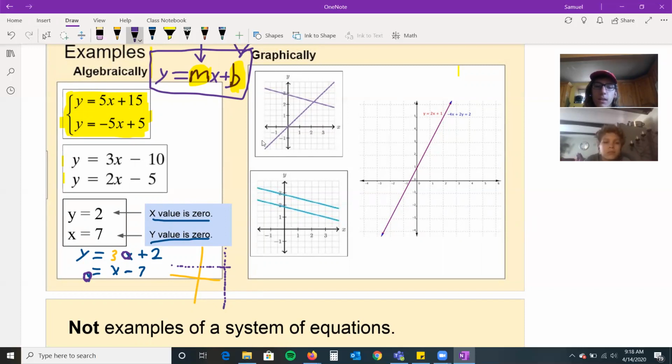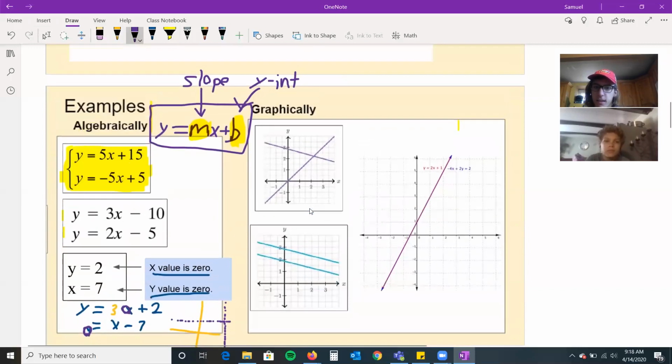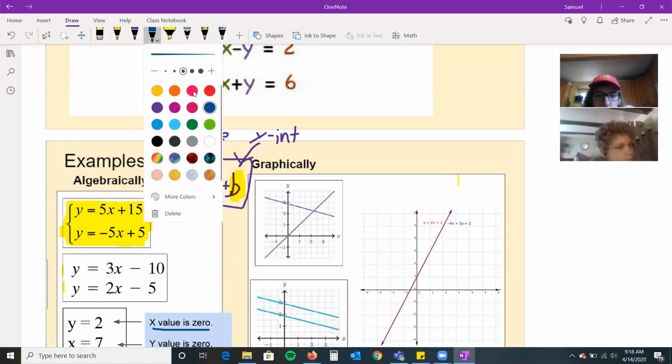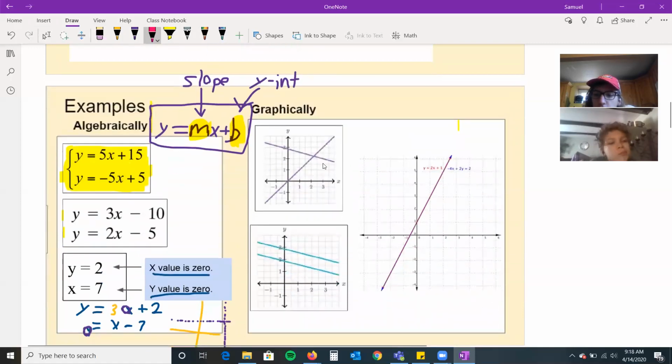All right. Graphically, like we kind of already said, they could look like this. They could look like this. They could look like this. A quick point to notice here, guys, is I'm going to choose a different color. Here's two lines intersecting, right? We got two linear equations that are graphed. They meet right here, don't they? Okay.